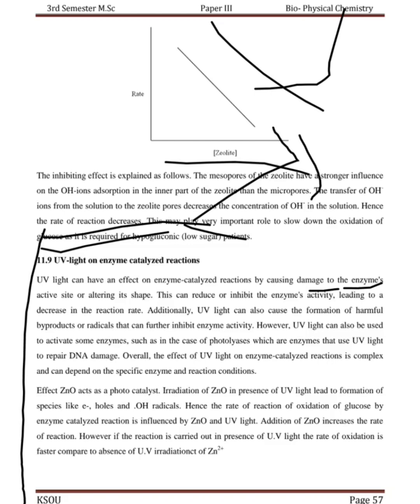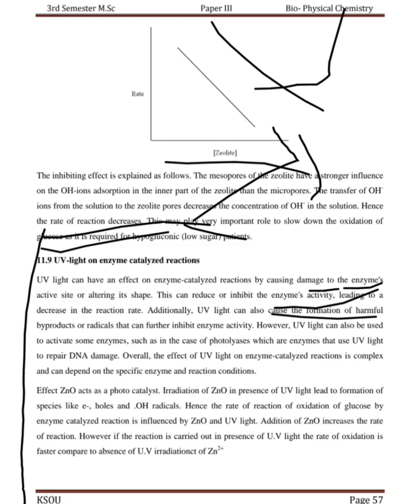So this can be seen here because of UV light. It can damage the proteins. So this can reduce or inhibit the enzyme activity. So the activity of the protein will decrease, leading to a decrease in the reaction rate.